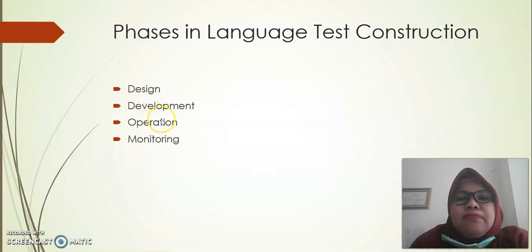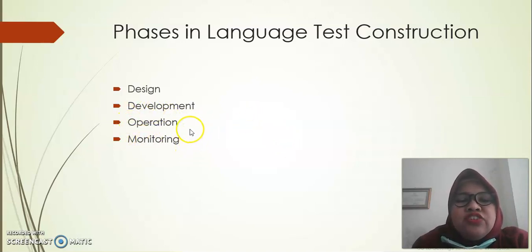And then development. After we design the test, we need to be sure that our test tools are valid and reliable. So before we construct the real test, we need to try out the test to see whether it is reliable and valid.